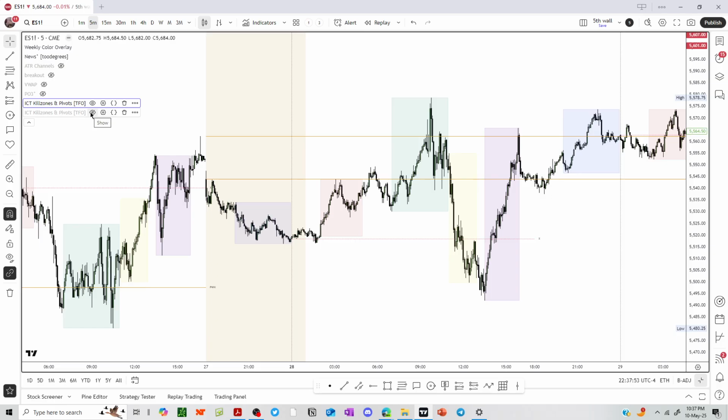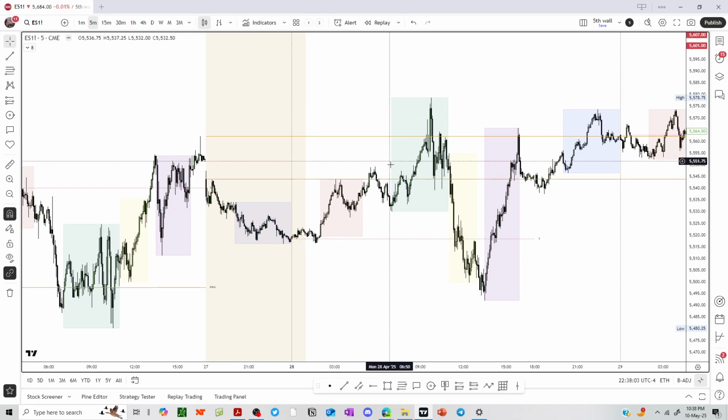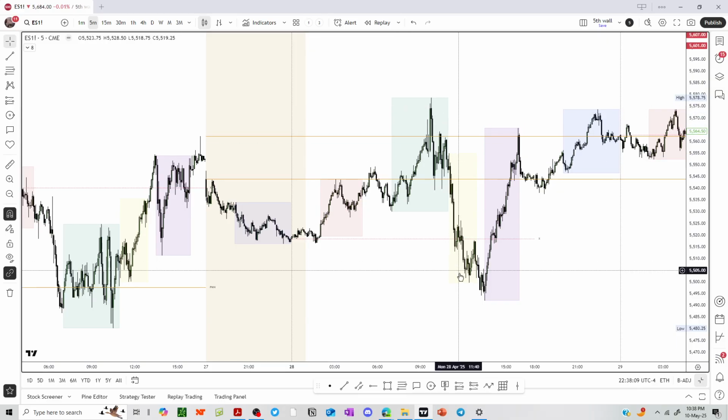These are kill zones. This is nice still. And you say, hey, this is the Asia range, London. It's an AM session from 7 to 11, I believe. And then you have the lunch hour. Then you have the PM session.